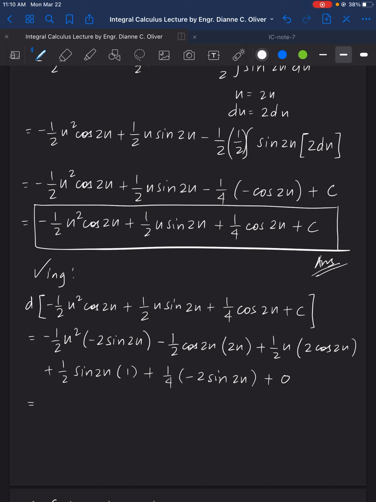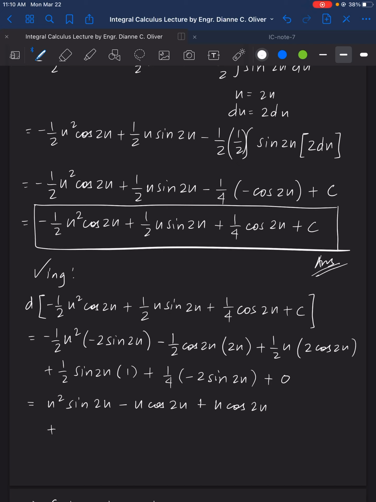So this is equal to, cancel negative 2, we have here u squared sine 2u minus, cancel 2, we have u cosine 2u, plus we have here u cosine 2u.